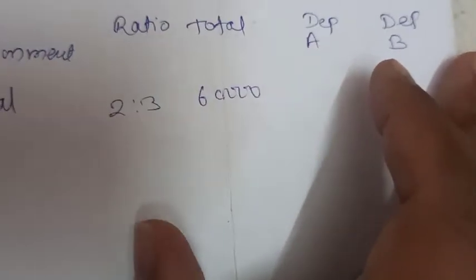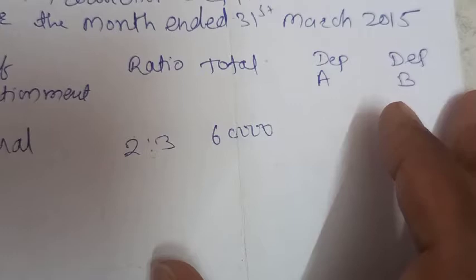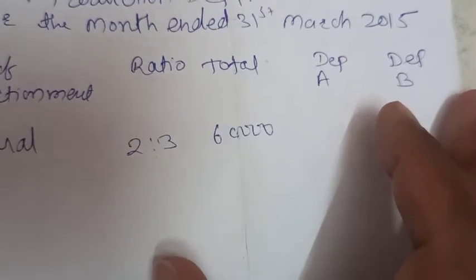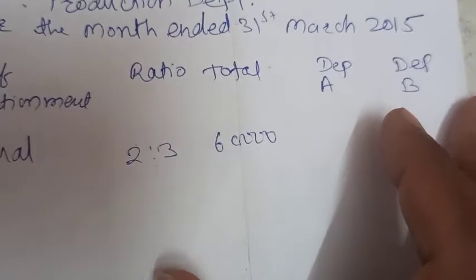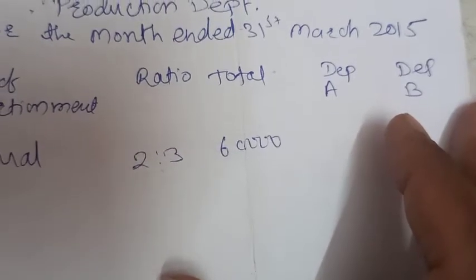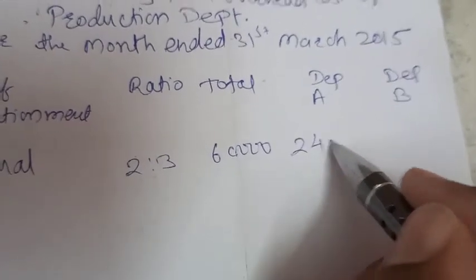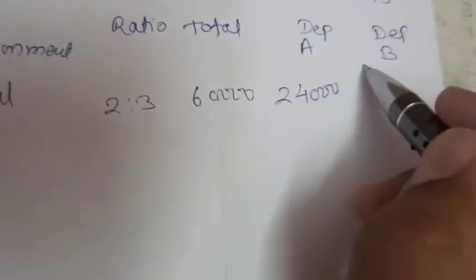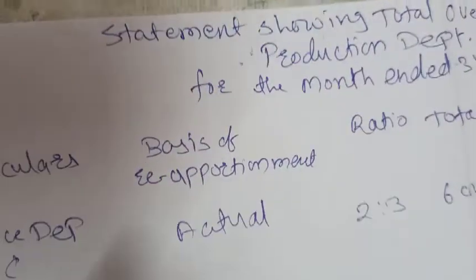Now we have to divide this 60,000 in the ratio of 2:3. 2 plus 3, 5. 60,000 divided by 5 is equal to 12,000. So 12,000 into 2 is 24,000. 12,000 into 3 is 36,000.